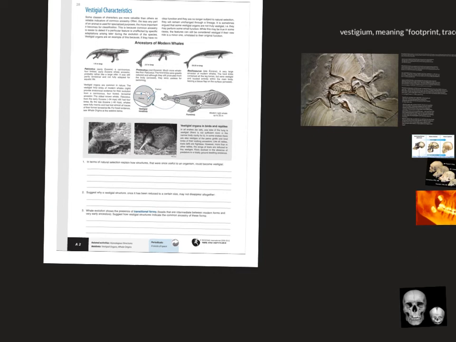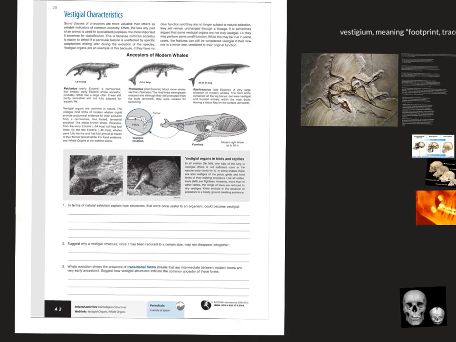So vestigial structures help us because this is a clue that this whale was a land-walking mammal. The vestigial wing in a kiwi is a clue that this kiwi is related to a flying bird.